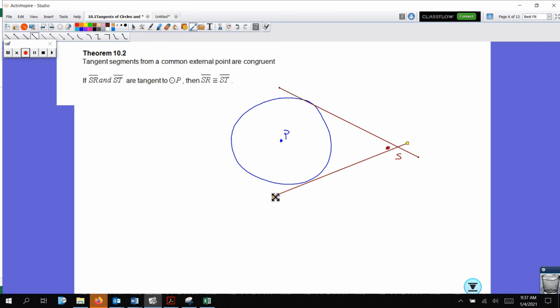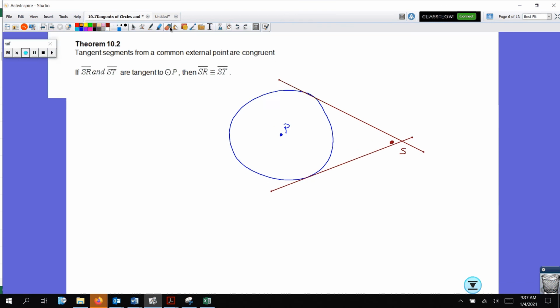Okay, so what I think I need to do is move my point S because I really need that to be where they intersect. This is my point S. This would be my point T. This would be my point R. So what I'm saying is if there's some point outside of the circle that two lines come through and touch the circle, the lengths of those two lines are the same.